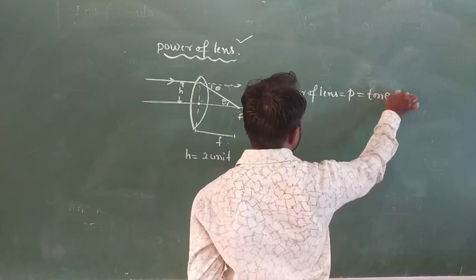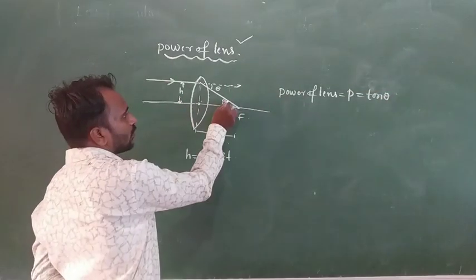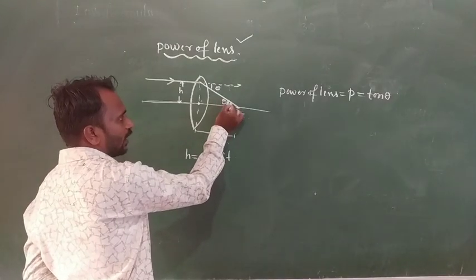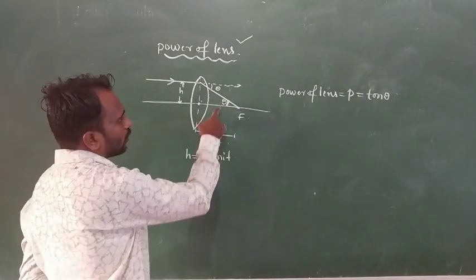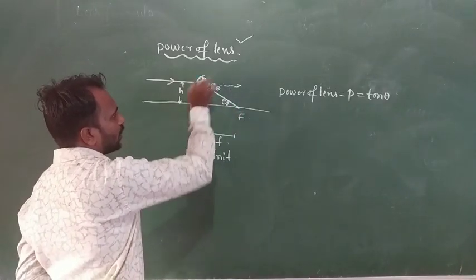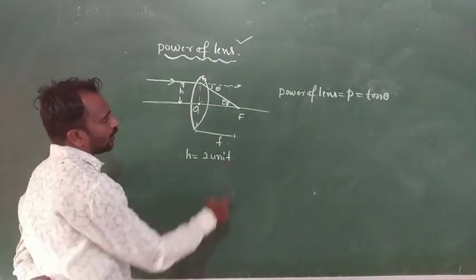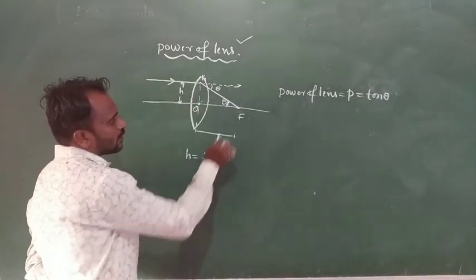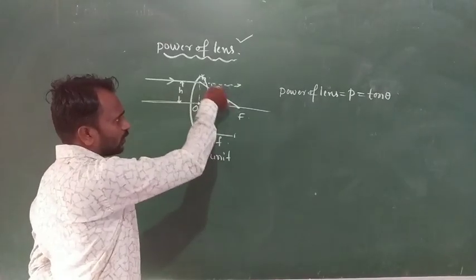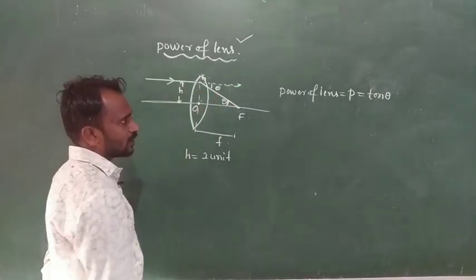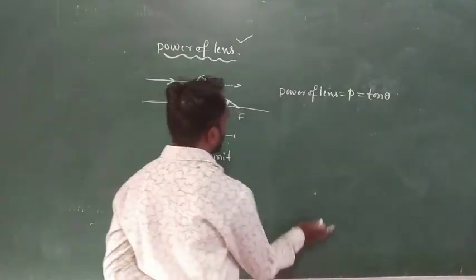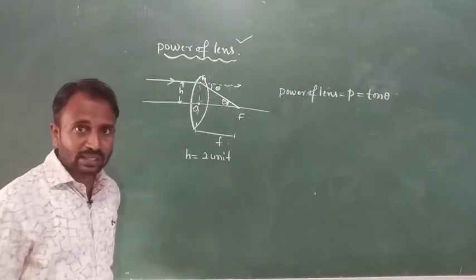We consider a triangle, and suppose here we consider K, so triangle FOK. We want to calculate the theta value. It is the same theta here and here. So the power of a lens is nothing but tan theta.